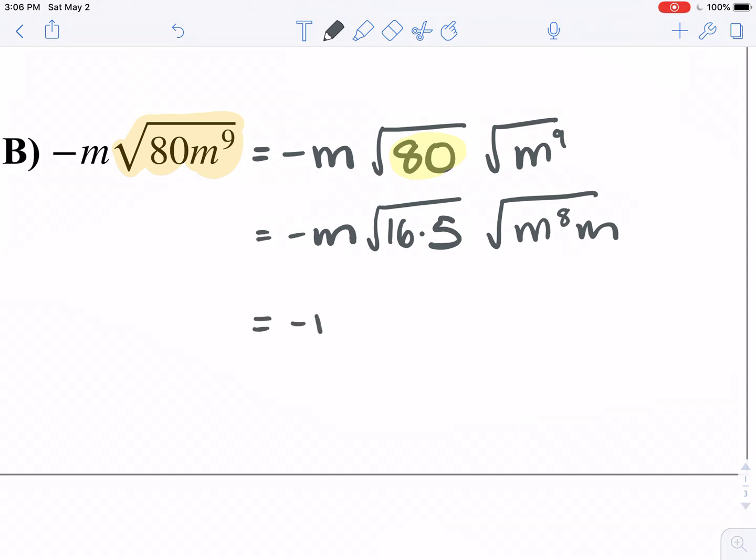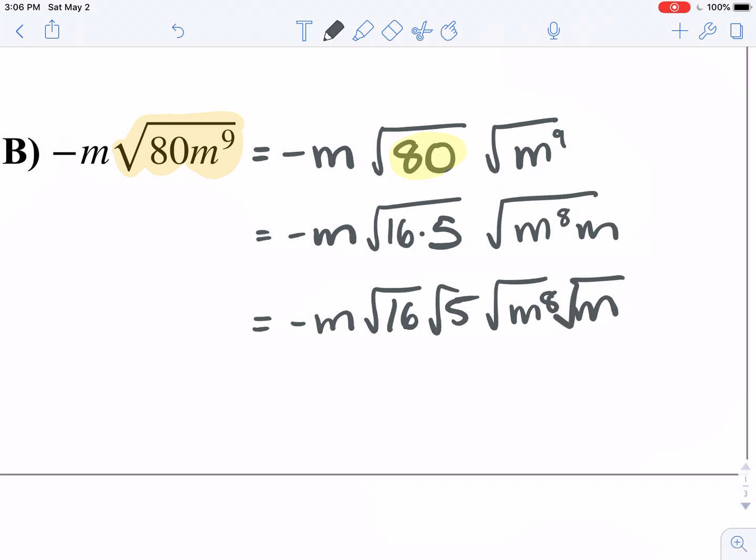So here we have negative m times the square root of 16 times the square root of 5 times the square root of m to the 8th times the square root of m. Now we can simplify all of the square roots that have squares. So the square root of 16 is going to be 4. The square root of m to the 8th is m to the 4th power. So we have negative m times 4 times the square root of 5 times m to the 4th power times the square root of m.